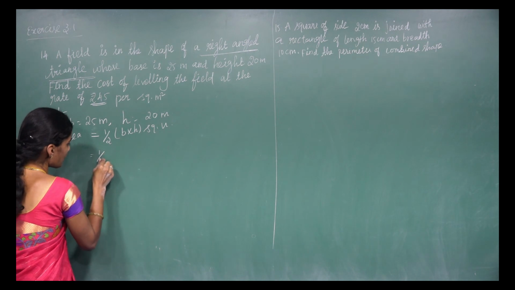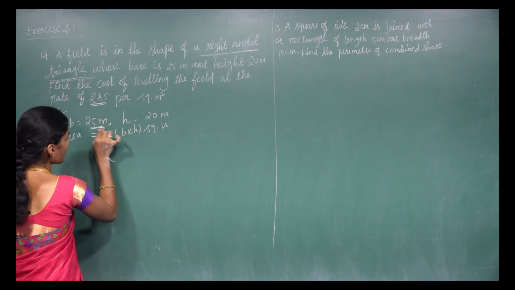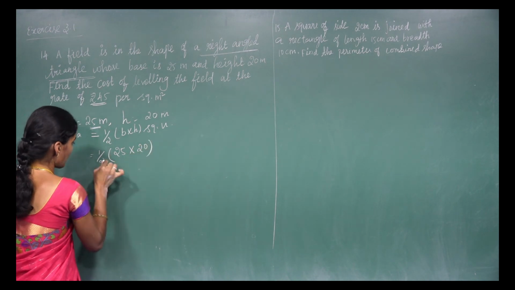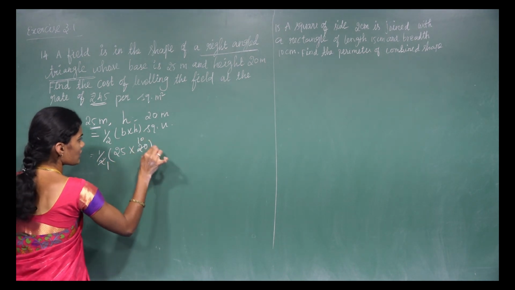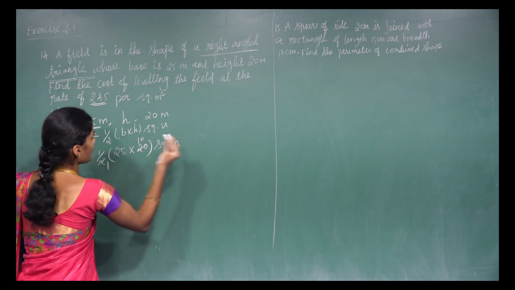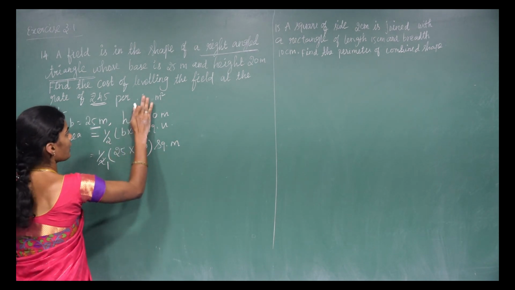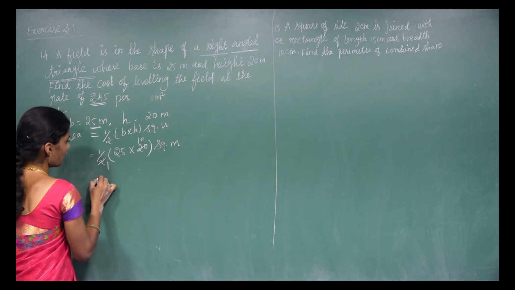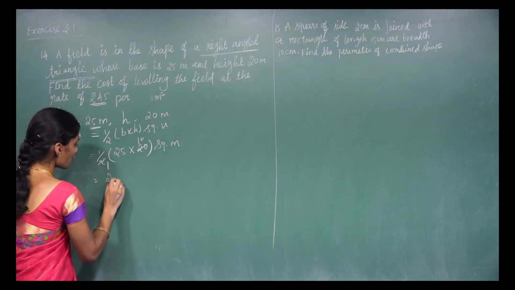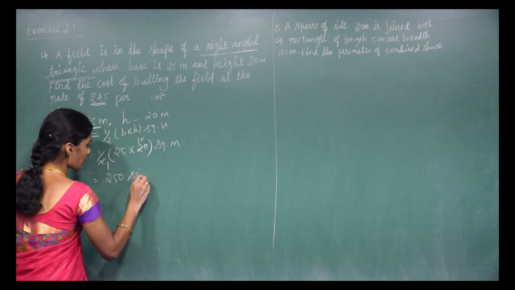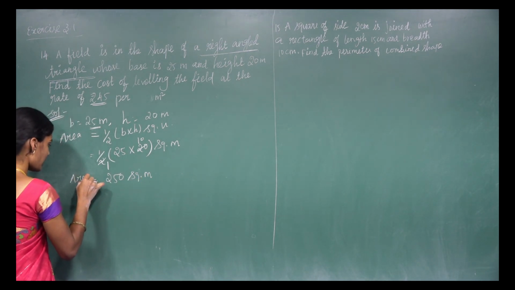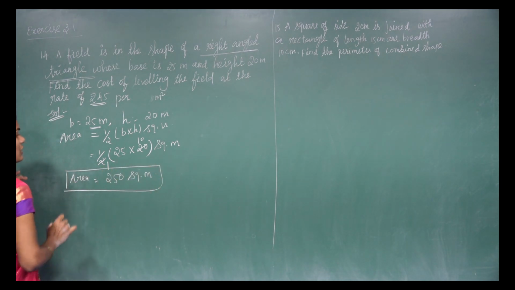So 1 by 2 into, what is the base value? 25 into height value is 20. 1 2s are 2, 10 2s are 6 square meter. So, what is the value? 25 into 10, 250 square meter. The total area is 250 square meter.